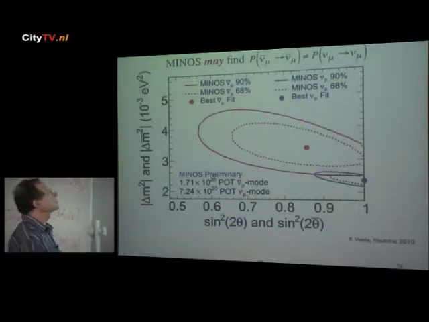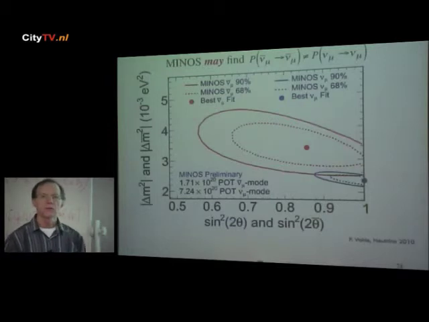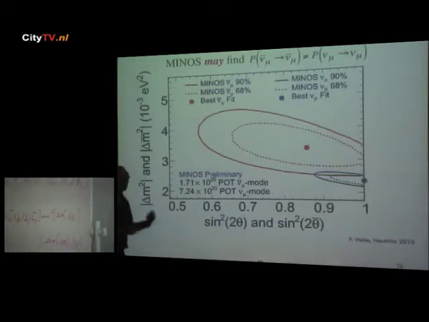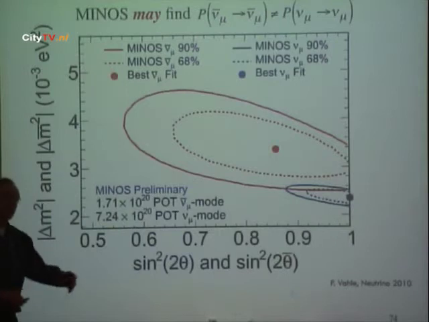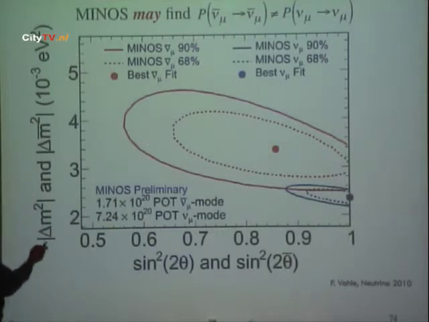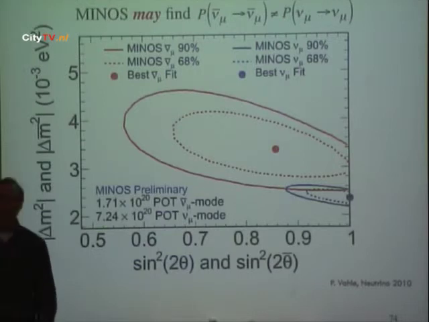They look at a number of things, but one of the things they look for is disappearance of muon neutrinos, or what is equivalent, the probability that they don't disappear. That's what's referred to here, the probability that a nu mu is still a nu mu when it reaches the detector. And within the last year, the anti-neutrino analog.